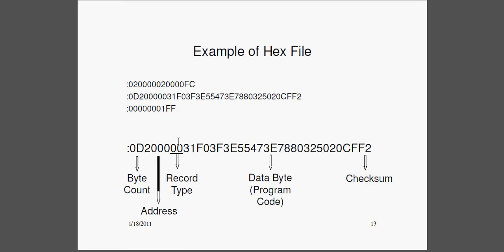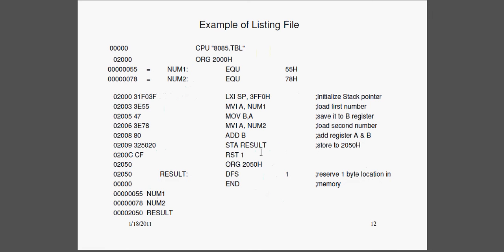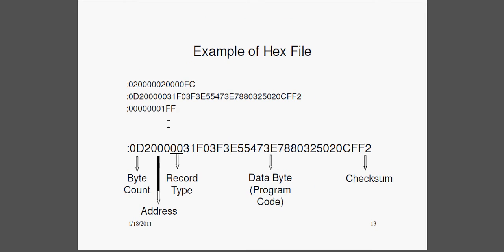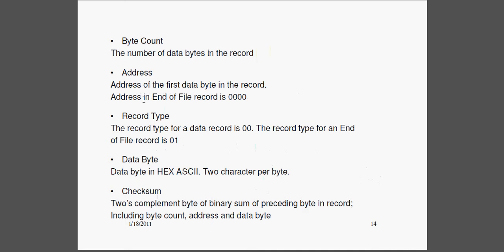There are a few header fields which explain what this data is all about. As you can see here, there's a byte count which tells you the number of data bytes in the record.